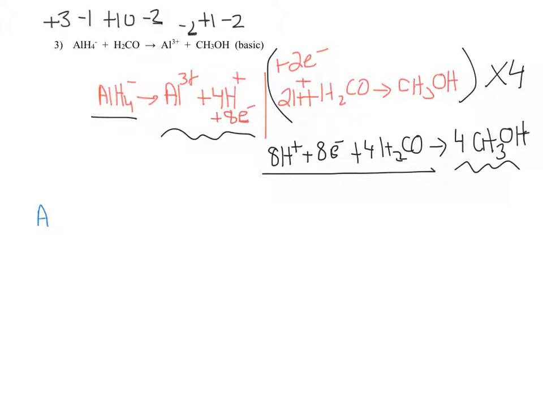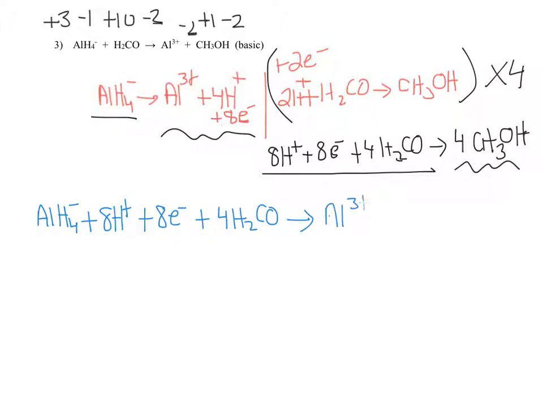So we have AlH4 minus plus 8H plus 8 electrons plus 4 H2CO yields Al3 plus 4H plus 8 electrons plus 4 CH3OH. Cancel any like terms.